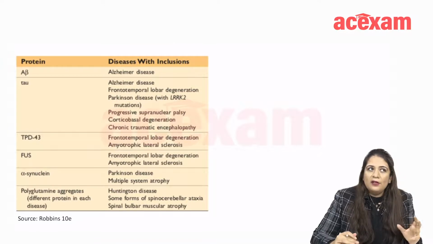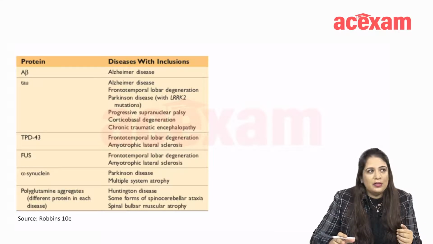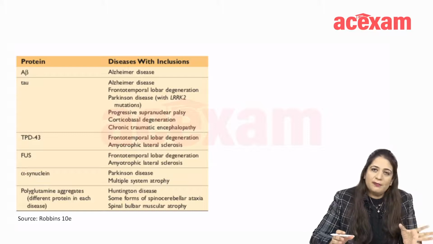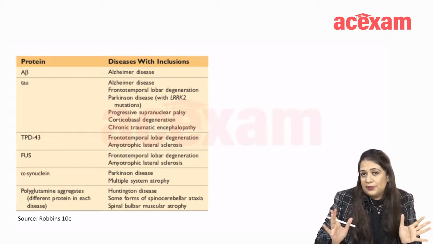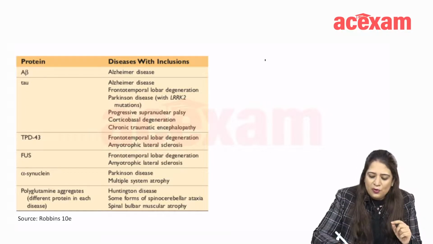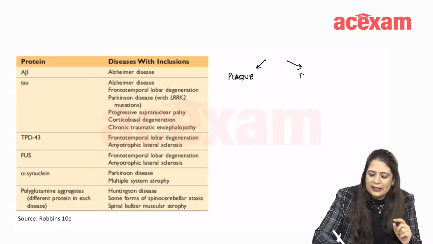If we look at a typical brain biopsy from an individual with Alzheimer's disease, Alzheimer's disease presents with dementia. It is actually the commonest cause of dementia in older individuals. And if you look at the brain section, it's very interesting. There are two classical findings. One is plaque deposition and the other is tangles.